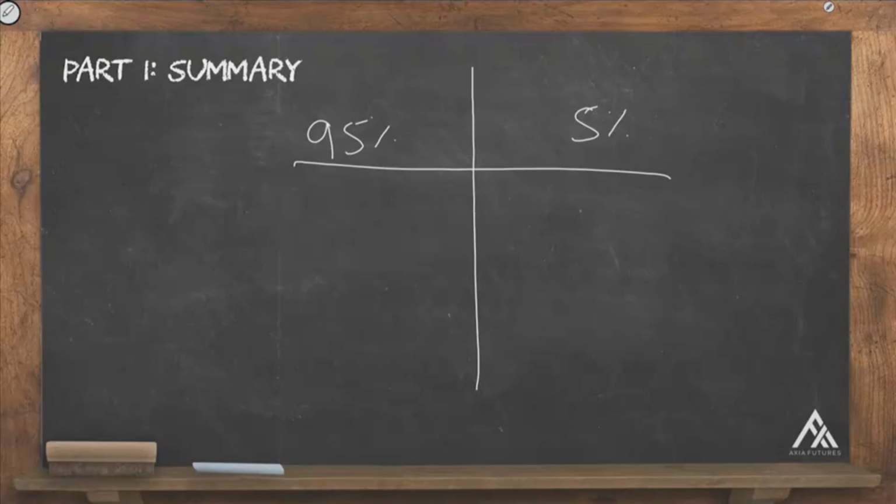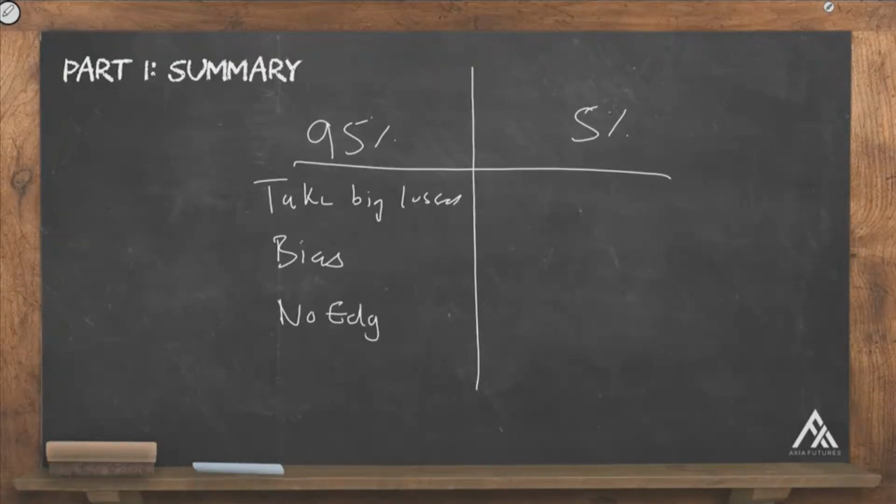So for example, 95% of traders that fail tend to take big losses. 95% of traders that tend to fail also tend to come into the markets every day with some form of a bias. 95% of traders who fail tend to have no edge.